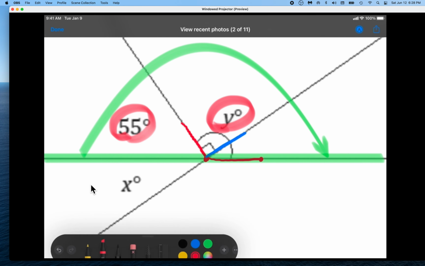I'll call it Z. Again, to review, the entire distance to Y is 125. This is 90. So Z must be 125 minus 90, which is 35. So I'm going to replace Z with 35. Now I'm going to clean up a little bit. Whenever you get an angle, look for its vertical.